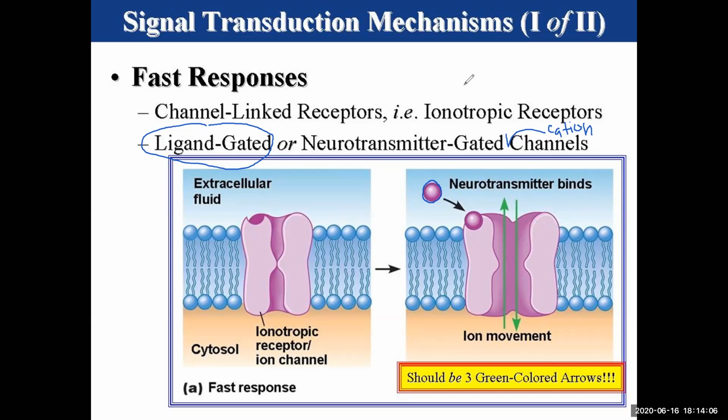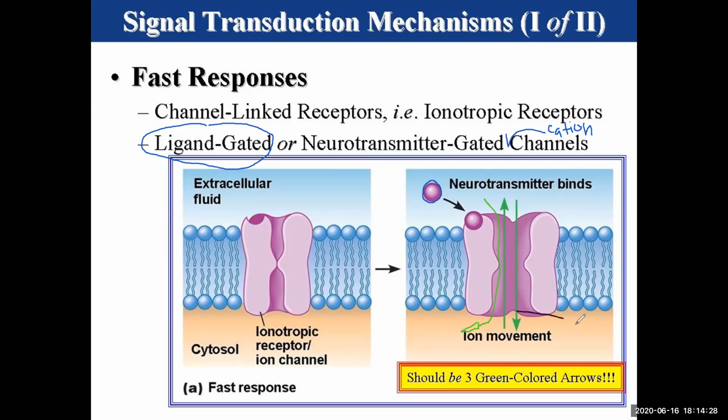There's 1 missing. I'm going to do it also in green. So there's another one coming in. So there are 2 influx and 1 efflux. I'm going to write in black so we can clearly see.